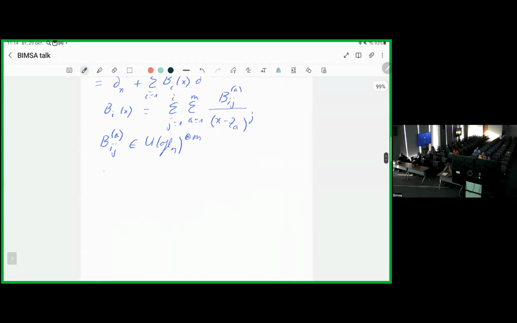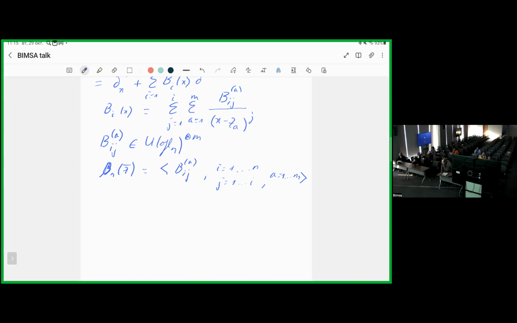And by definition, my Bethe algebra, depending on z, is the subalgebra generated by all these elements. Here i runs from 1 to n, j from 1 to i, and a from 1 to m. And this is what's called the Bethe algebra of the Gaudin model.